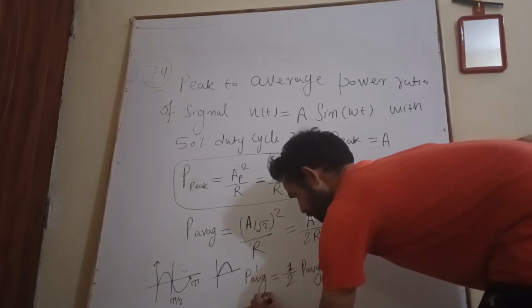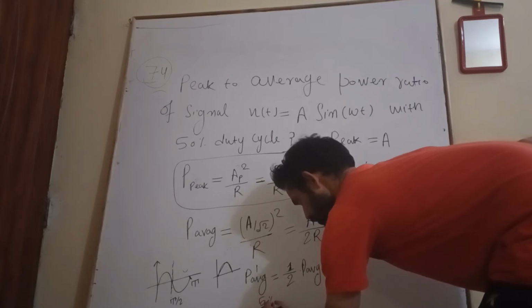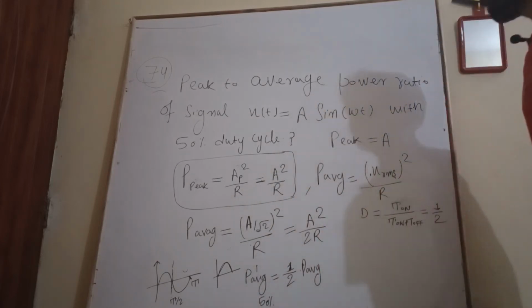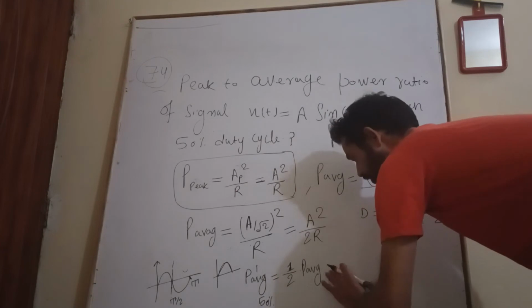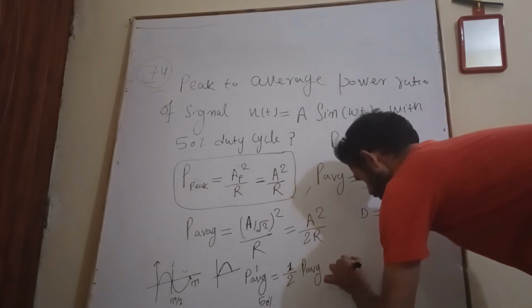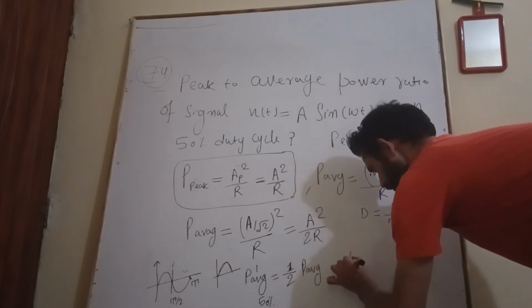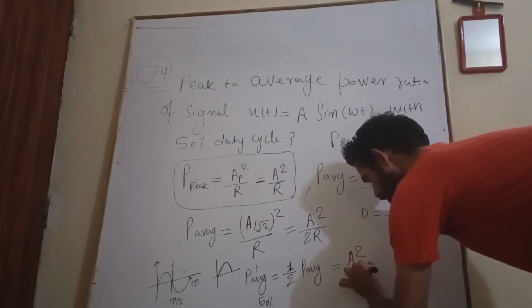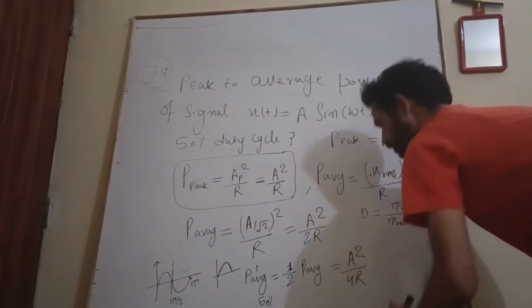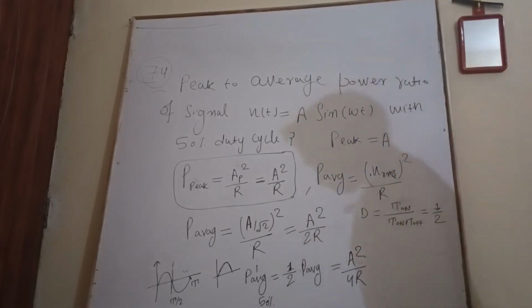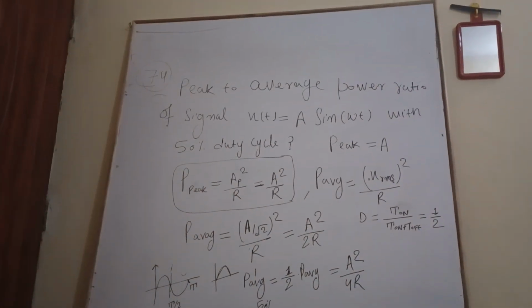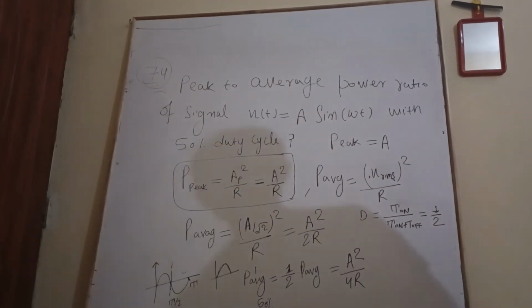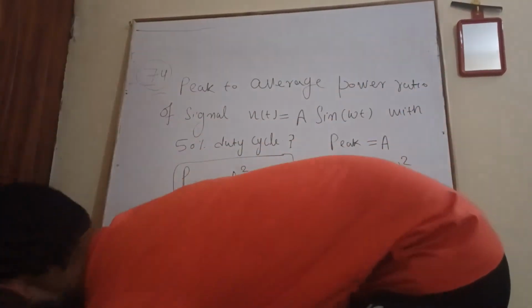Average power with 50% is half of average power with 100%, which is A square by 2R, so A square by 4R.